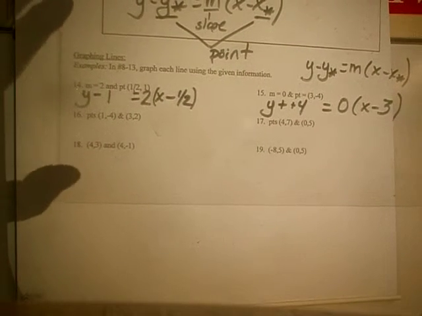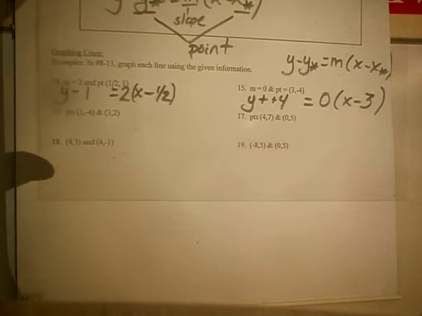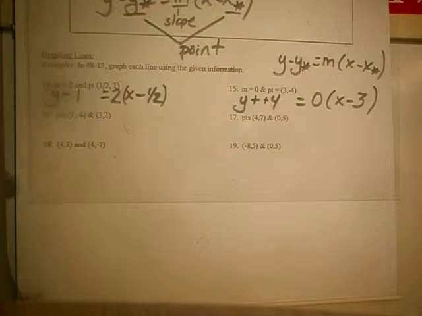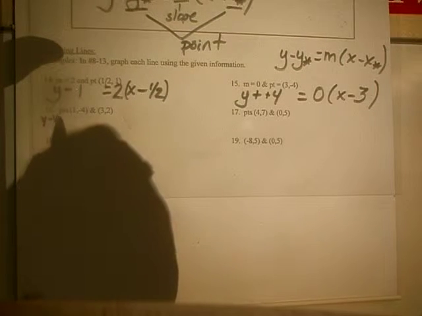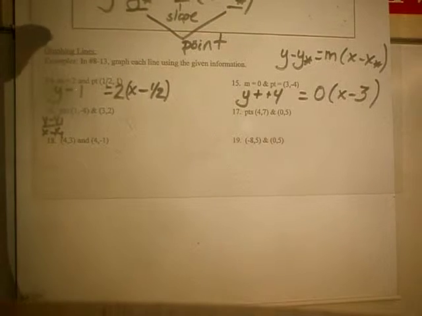The next four examples are very, very similar. They've added one step. This time they didn't give us the slope, so we have to figure that out first. Slope is y minus y1 over x minus x1.